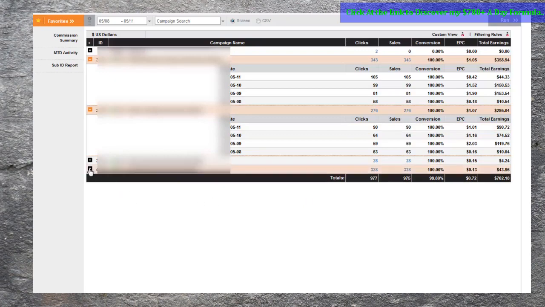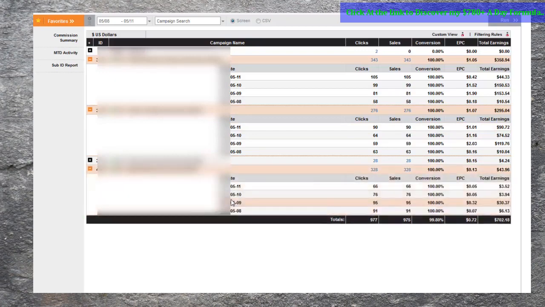And I just want to expand out this one just to show you the difference here. As you can see, around the same amount of clicks were pushed to this offer as well, but it really didn't do as well. As you can see, $43.96 only compared to these ones, around $300 and over $350 on that one.